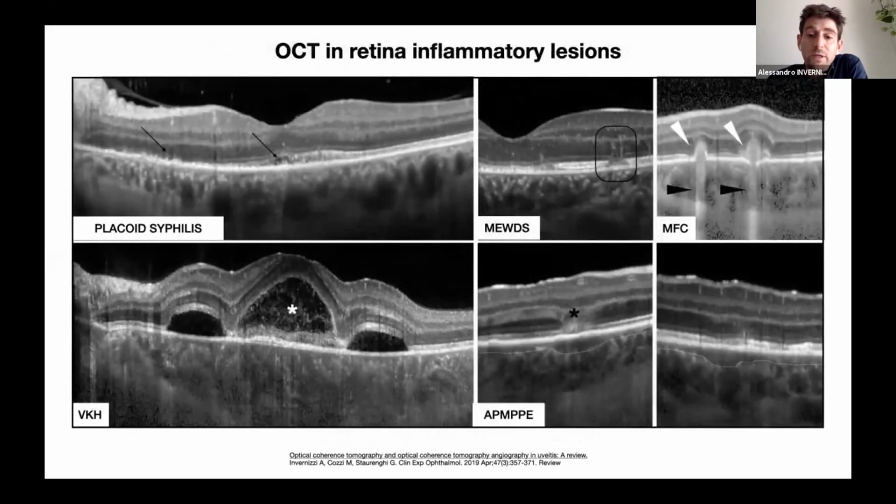While if we move a bit towards the external retina, we've got very typical features in placoid syphilis, nudes, MFC, and VKH, of course, with its massive and diffuse thickening of the choroid, in contrast to toxo, which has the focal thickening. And this is AMPI with these outer retinal lesions and focal thickening of the chorocapillaris.